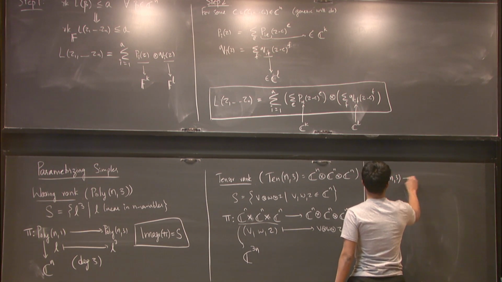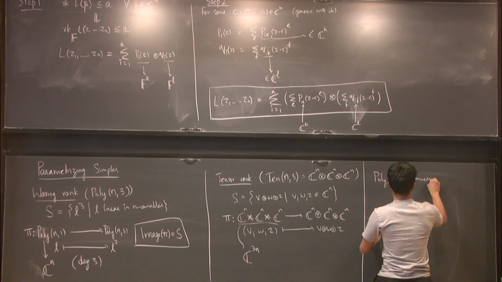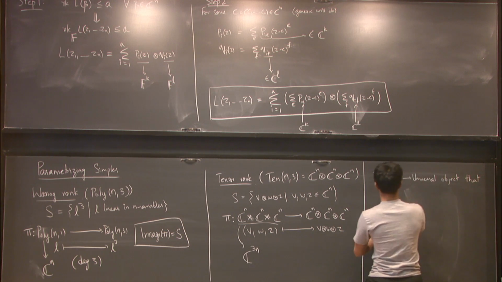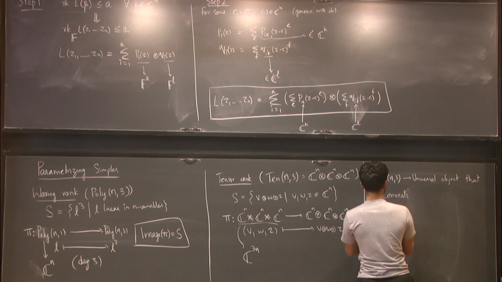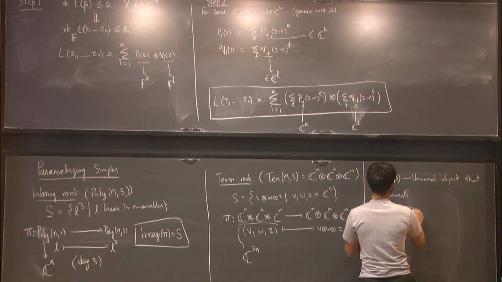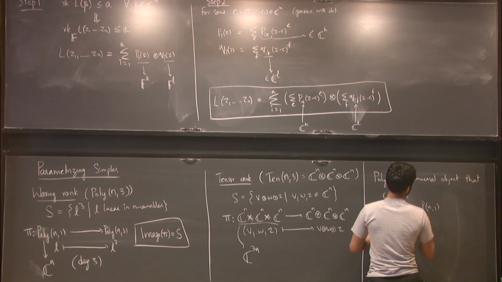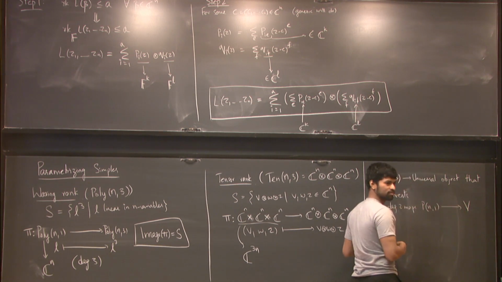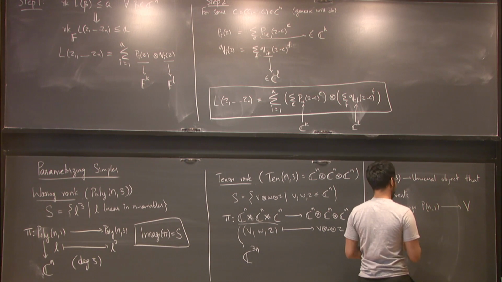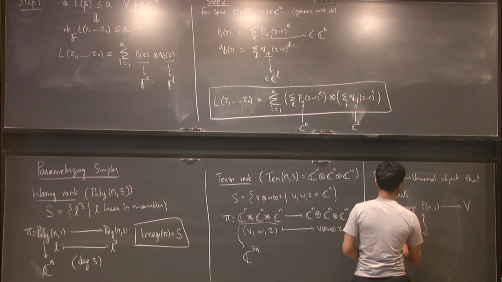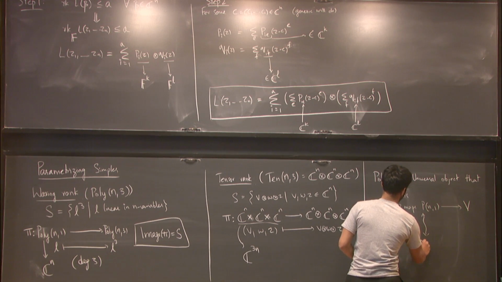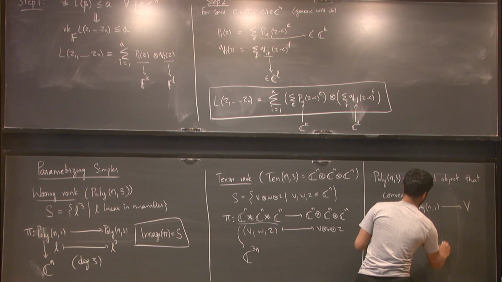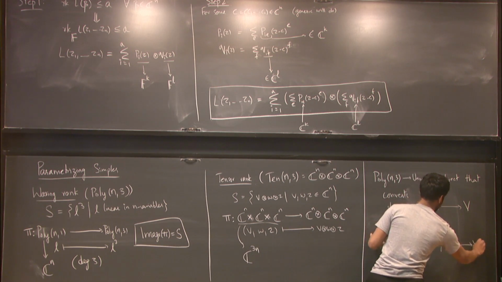Poly n3, this is a universal object that converts degree 3 maps from the set of linear polynomials into whatever vector space you like, or even whatever object that can take a degree 3 map, and converts this to a linear map from Poly n3 to this.